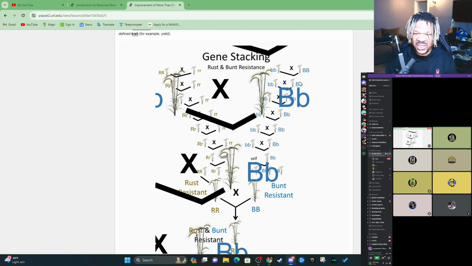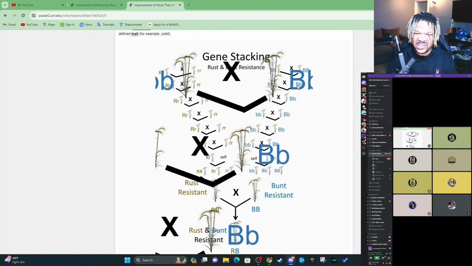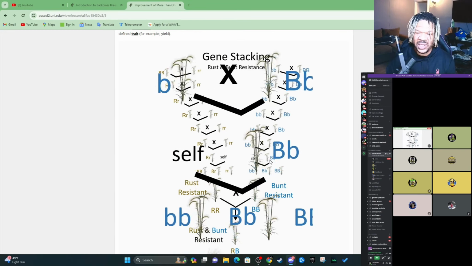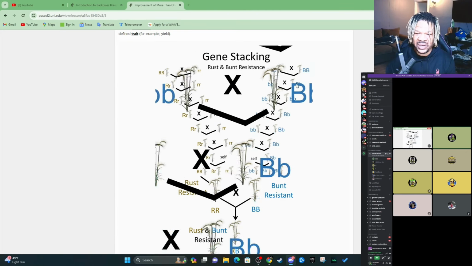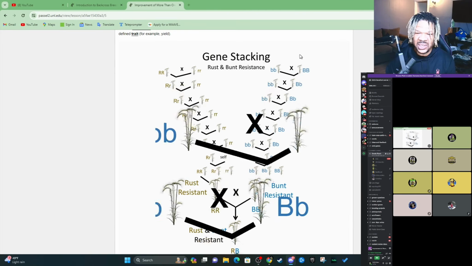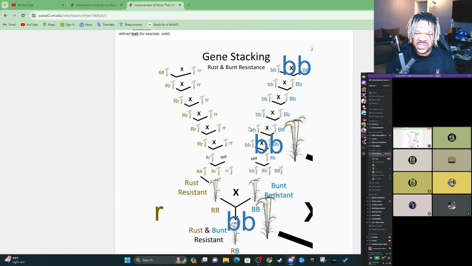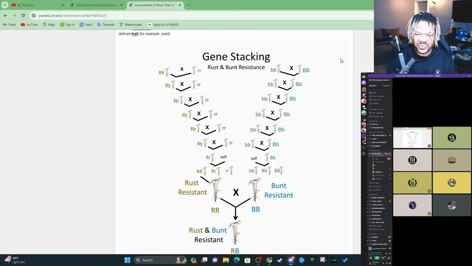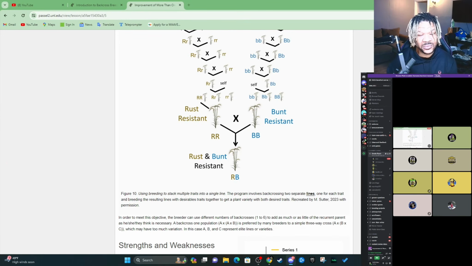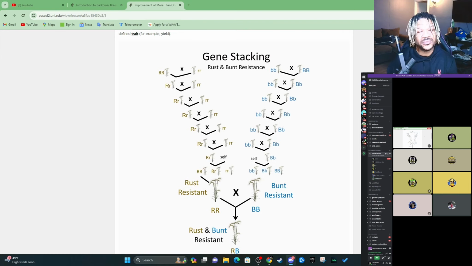One thing that these do have in common is that it passed down that dominant B every time, except on this side where it was consistently recessive. On that side, they consistently crossed it with a plant that didn't have it, so that the offspring that did come out with it was guaranteed to have that dominant trait to pass through. So it's dominant. It's going to be dominant no matter what you do.